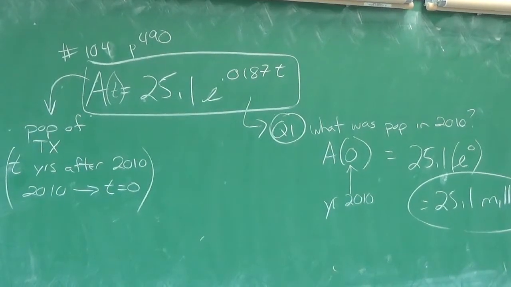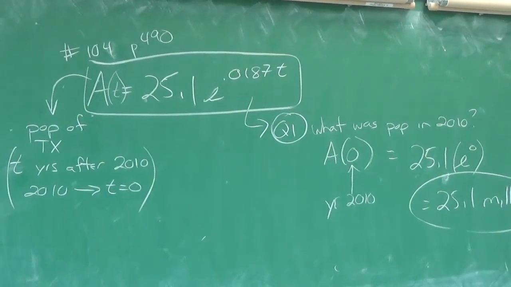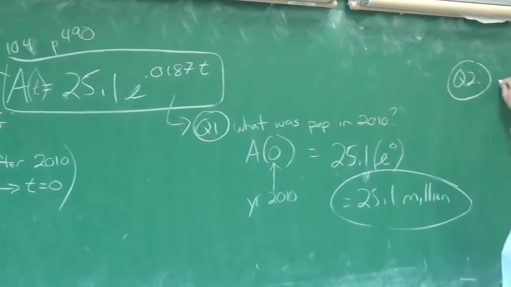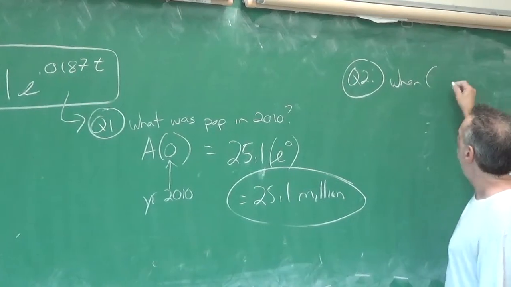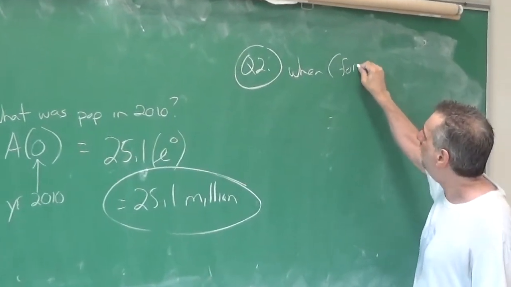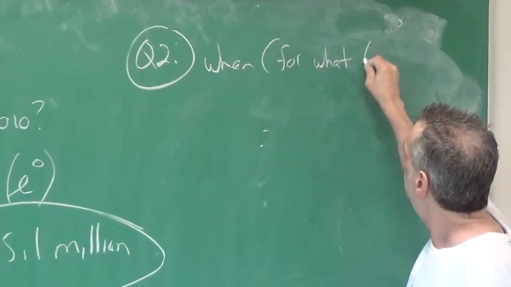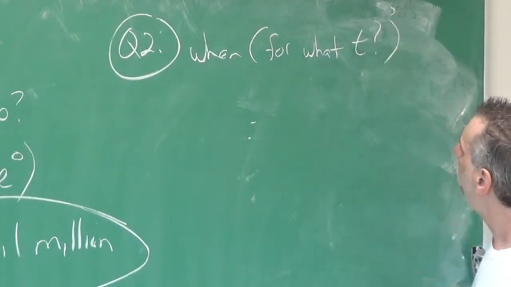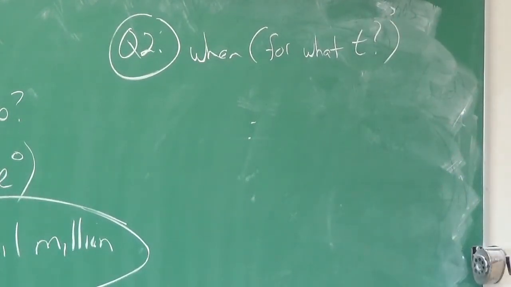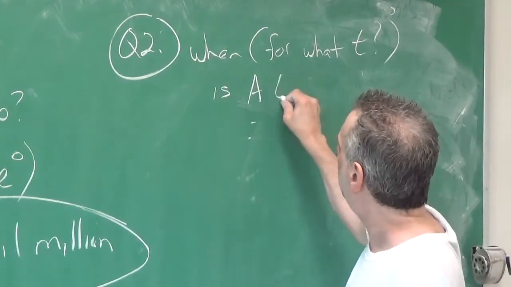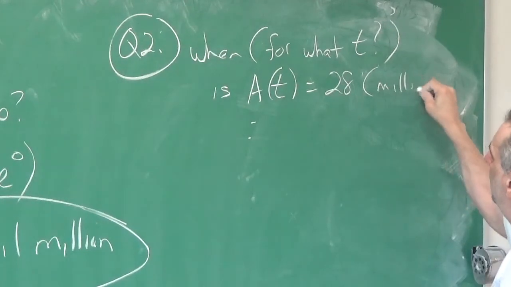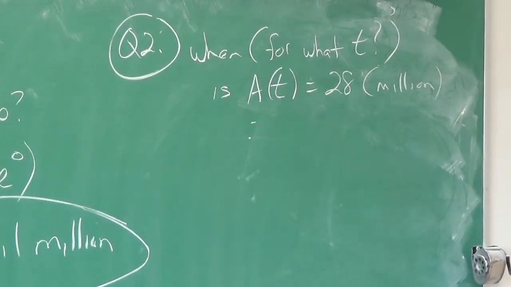And then the second question says, when will the population reach 28 million? So question 2 here, when, and when you're asking when, you're saying for what t value is A of t going to be 28? And again, we know it's in millions.